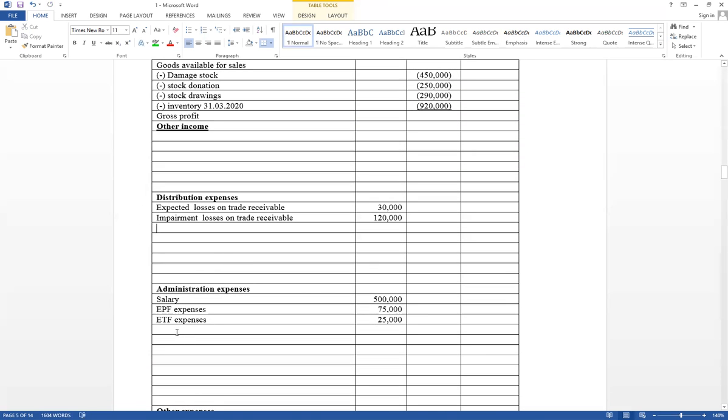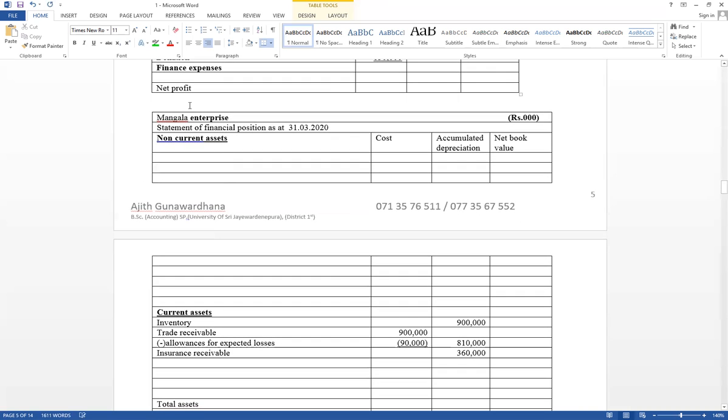Building depreciation 130,000 under administration, and motor vehicle depreciation 380,000 should be included under distribution expense.